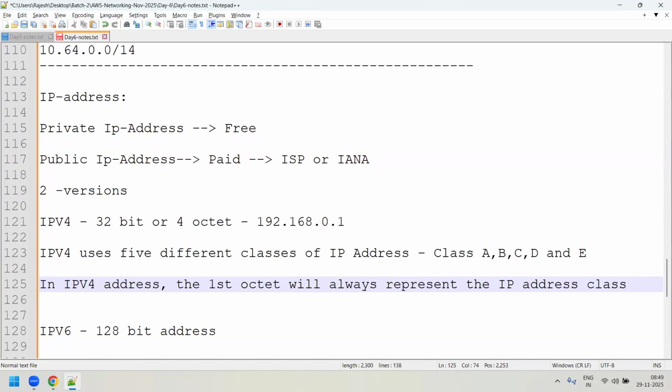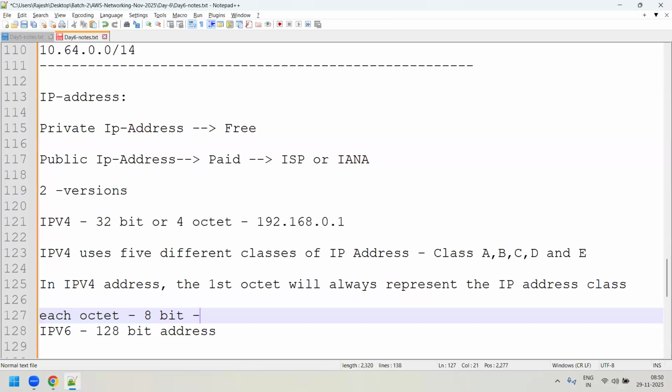We also know that each octet is 8 bits. And 8 bits means the least value will be 0 and the maximum value will be 255. This we are aware of.